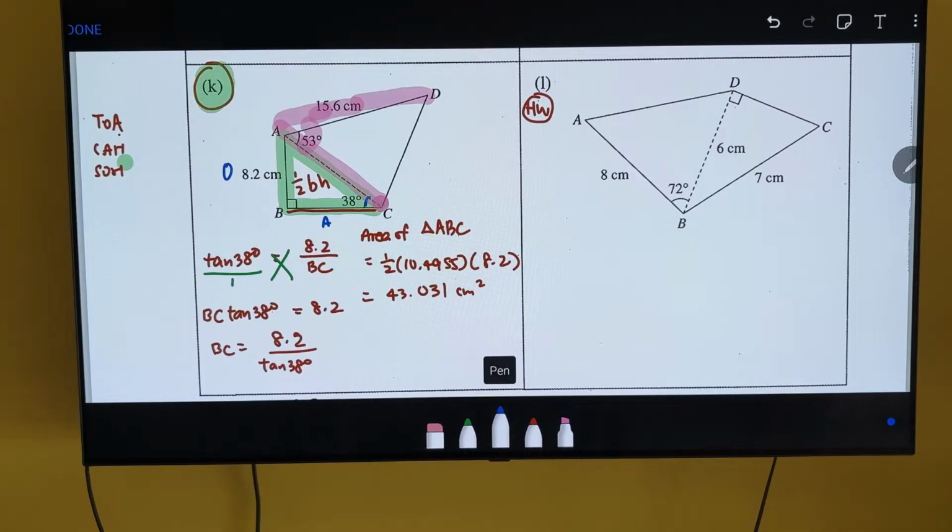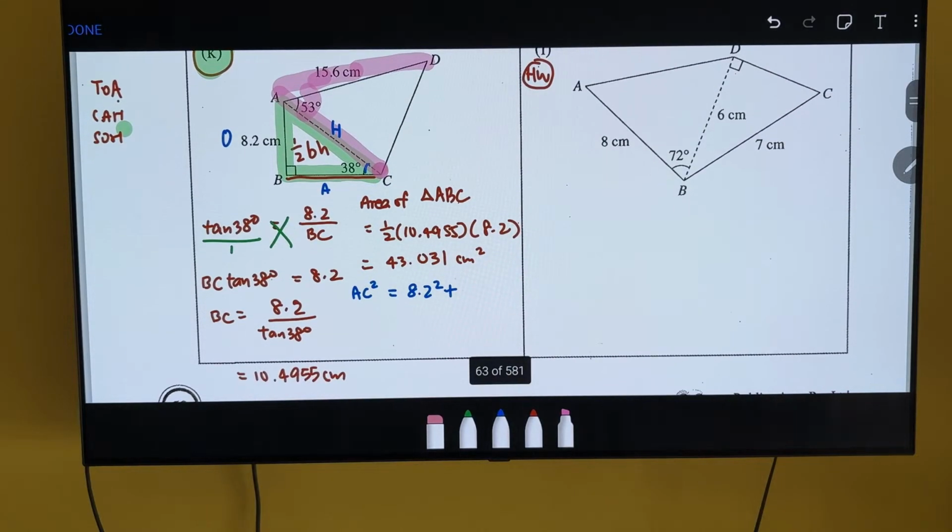We can consider using Pythagoras theorem to find the length of AC, which is the hypotenuse of the right angled triangle. Yeah. So in order to find AC, AC square equals to 8.2 square plus 10.4955 square.